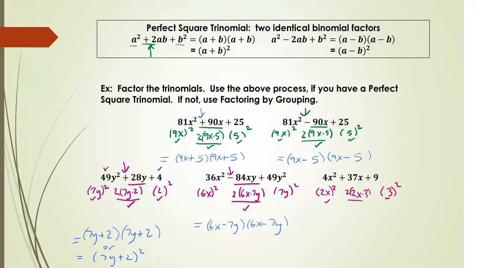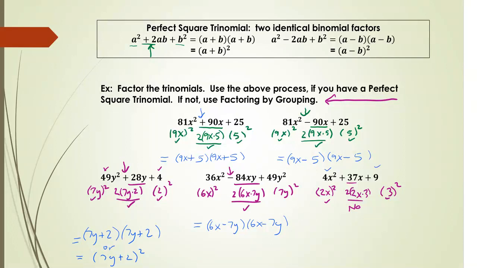And I get 2x times 3, which is 6x times 2. That's 12x. You know, that doesn't work. 12x does not equal 37x. That's not the same. So up at the top here, it says, if not, factor by grouping. So I need to go to factoring by grouping to do this problem.